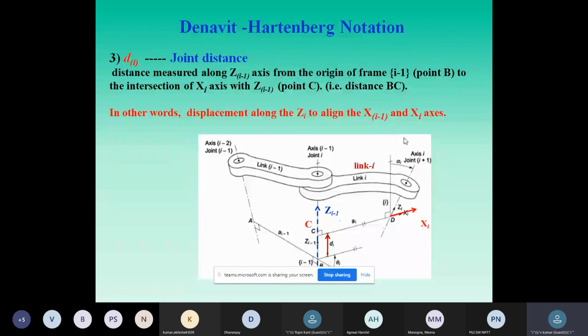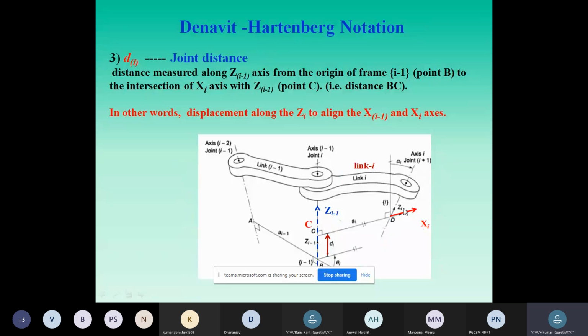Joint distance, di, the third parameter, is the joint distance. It is the distance measured along zi minus 1. Here are our zi and zi minus 1. Blue line, zi minus 1. It is the distance measured along zi minus 1 from the origin of frame i, this point D, to the intersection of xi with zi minus 1.